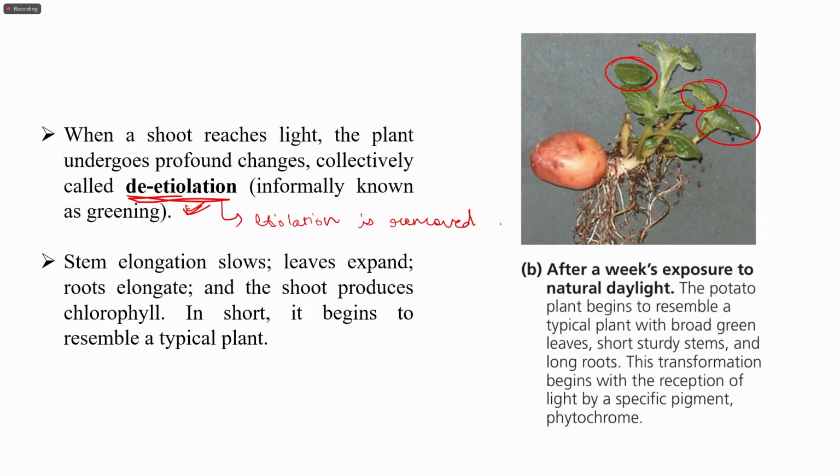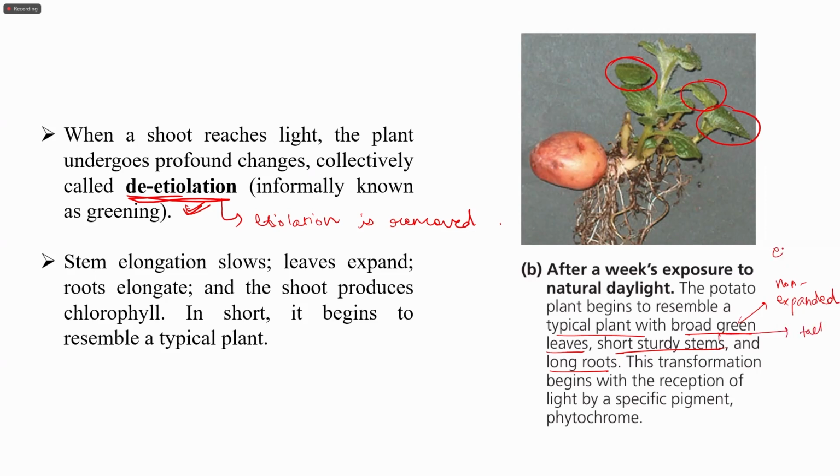In etiolation, the leaves are not expanded and the stem is long, but in this case you can see that the potato plant begins to resemble the typical plant with broad green leaves, short sturdy stems, and long roots. In the earlier case, the leaves were not broad, they were non-expanded, and the stem was tall.